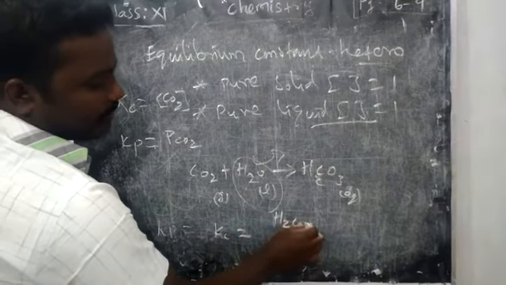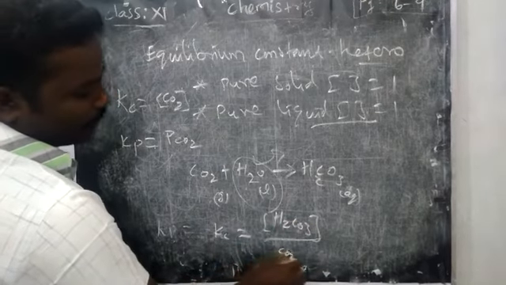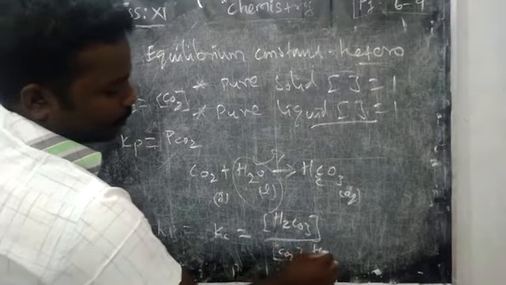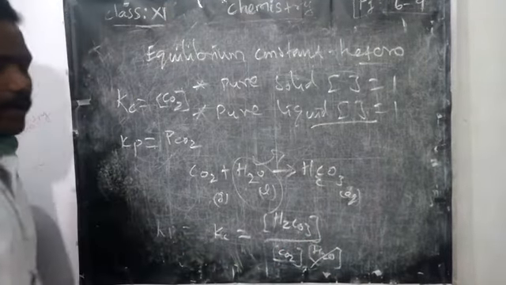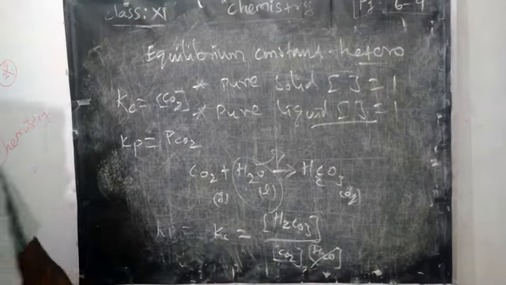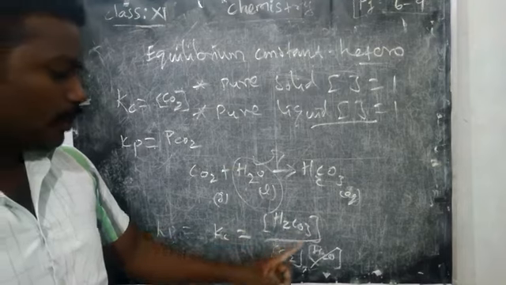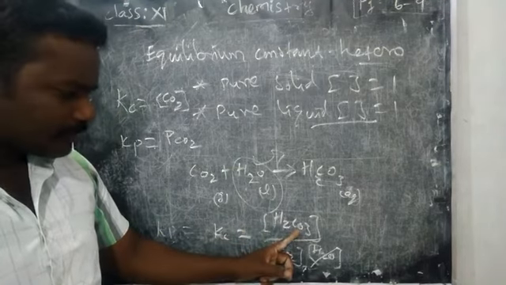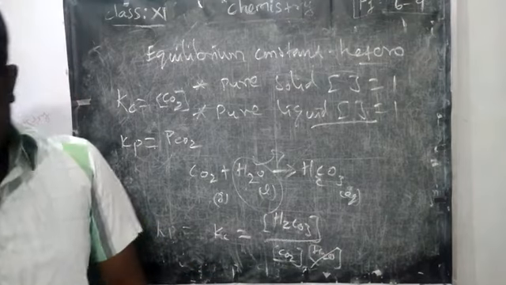H2CO3, or you can split it as H plus and HCO3 minus. Then CO2 and H2O. H2O we need not write because it is a pure liquid. So the Kc of this reaction only depends upon the concentration of H plus and HCO3 minus.